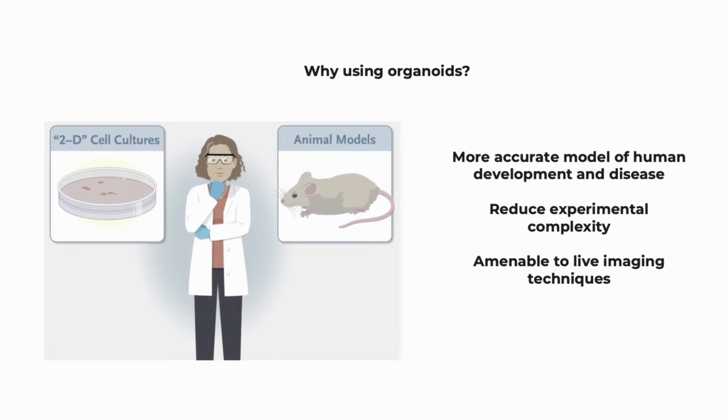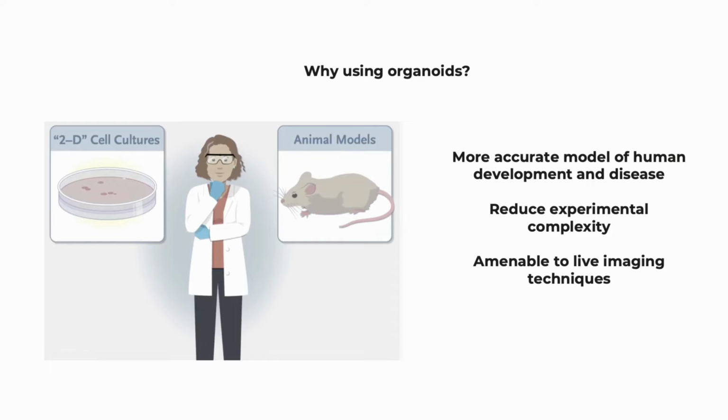Organoids give us the advantage to do accurate studies, since they closely resemble the organs, but they're non-invasive. That means we don't have to harm any animals or humans, and we can still have very translational results.